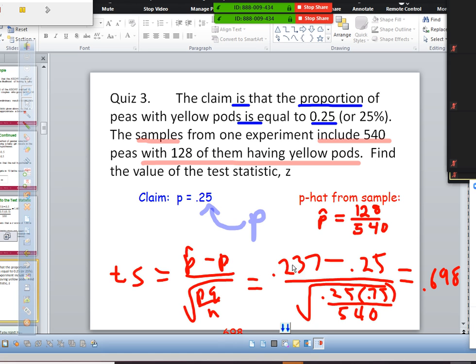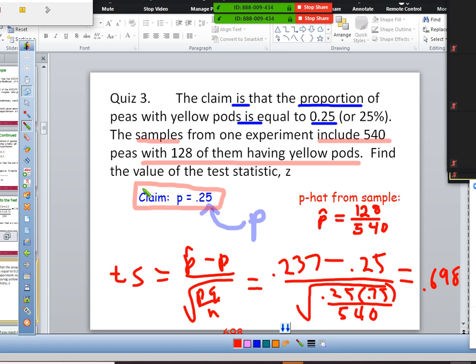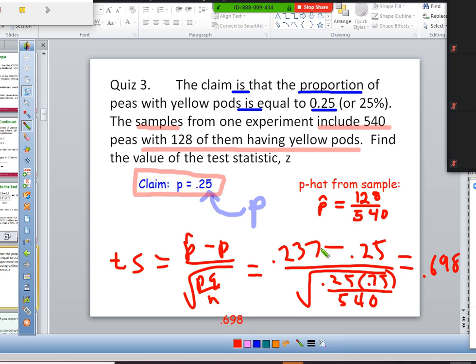Our sample was 0.237, but we always have to assume that our H naught is true. So to assume that P is 0.25, which is why we're going to use 0.25 and 0.75 here. That is a little bit confusing, and the reason is that we have to assume this is true, that P is equal to 0.25 until we hear otherwise. So we have to use 0.25 for these numbers, and then see if this ends up being unusual.